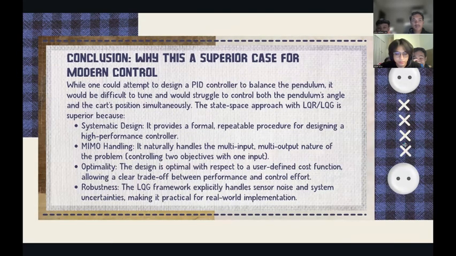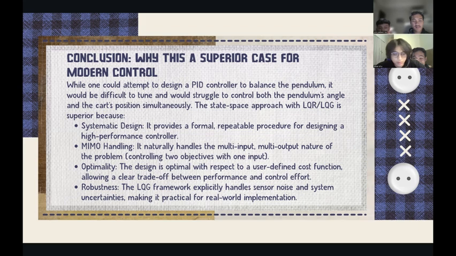The conclusion: why is this a superior approach to manual control? Well, one could attempt to design a PID controller to balance the pendulum, but it would be quite difficult to tune and would struggle to control both the pendulum's angle and the cart's position simultaneously. The state space approach with LQR and LQG is superior because of its systematic design. It provides a formal, repeatable procedure for designing a high-performance controller.